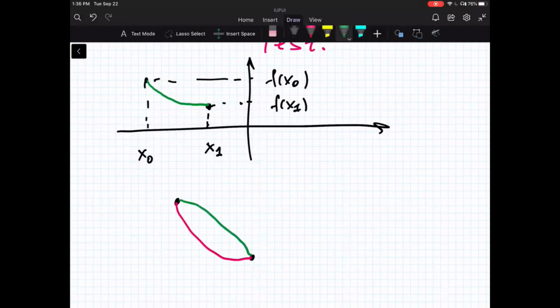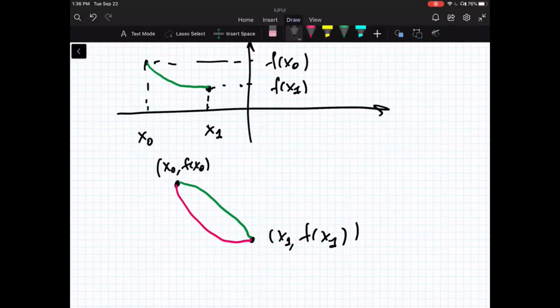In both cases, your function is decreasing, passing through x naught, f of x naught, and x1, f of x1. But you cannot choose which way is correct. And to determine that, you should study the second derivative, and that's what we will do in this chapter.